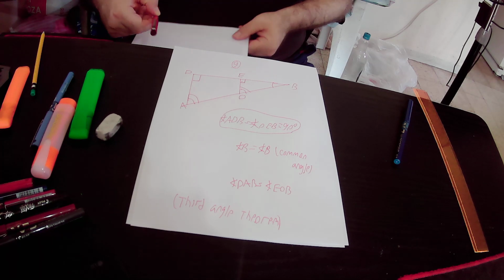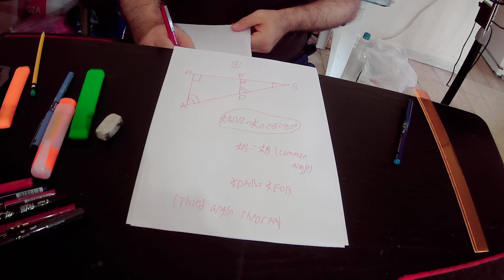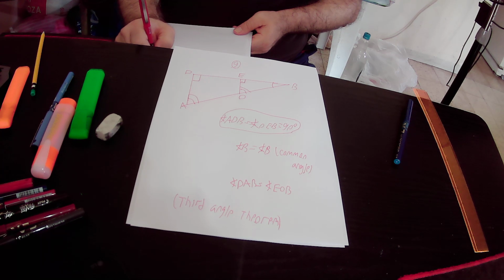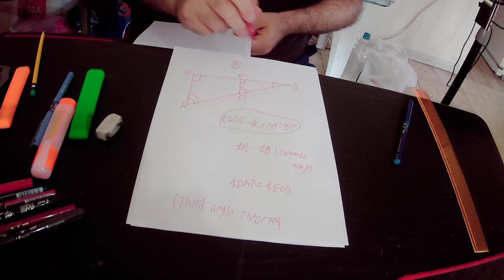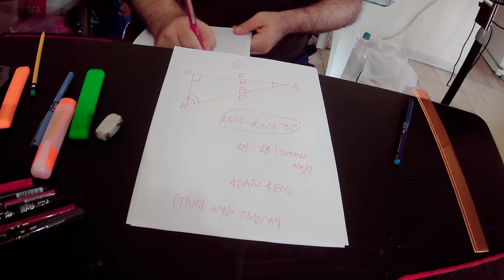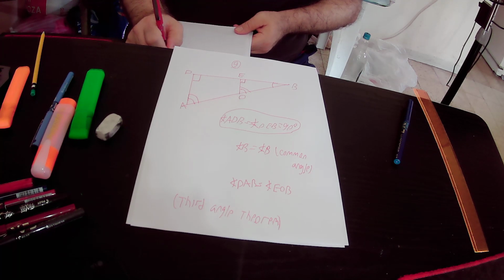So we can write down that the triangle ADB, the big triangle, is similar to the small triangle, triangle EOB, according to angle similarity.